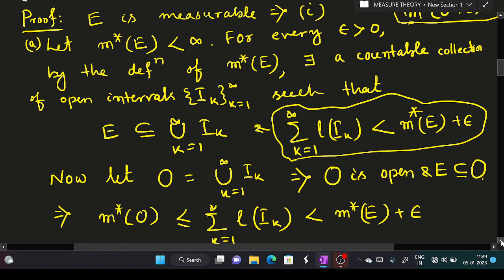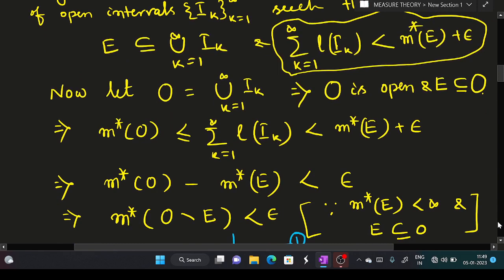Now, what is our target? Our target is to find O. Let O be the union of all these open intervals. As we know, open intervals are open sets and a countable union of open sets is always open. So O is an open set and O contains E as a subset.